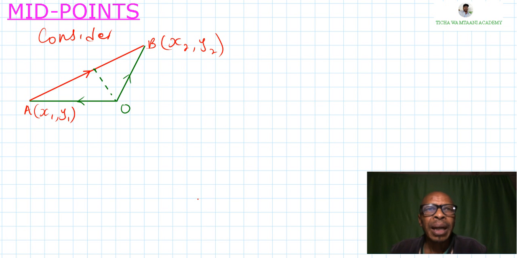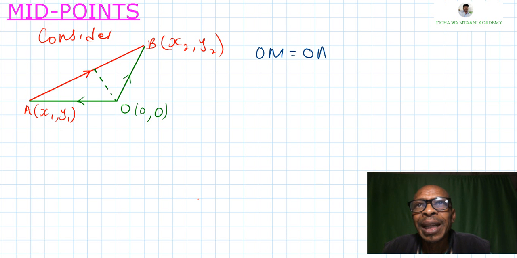The coordinates of the origin are 0, 0. Here we want to derive a general formula. So OM is equal to OA plus AM, just like we have done with the other one.